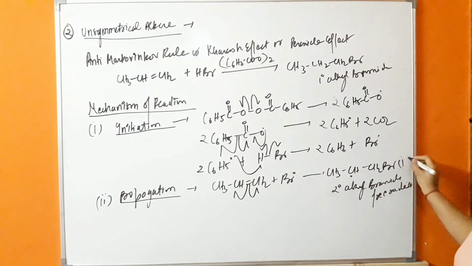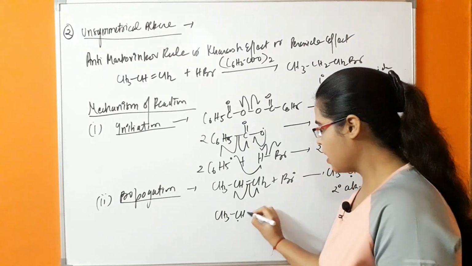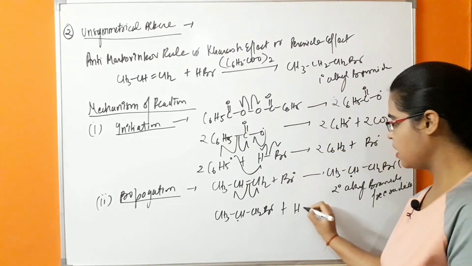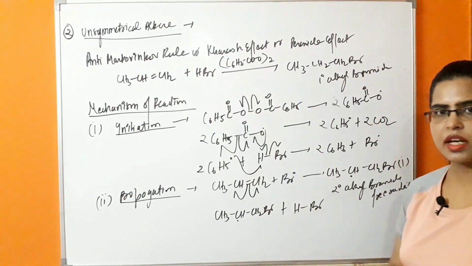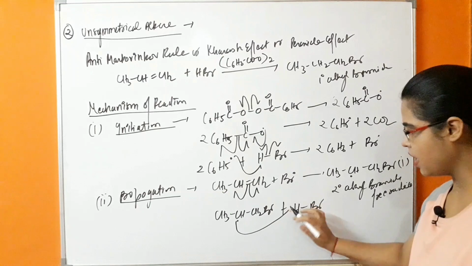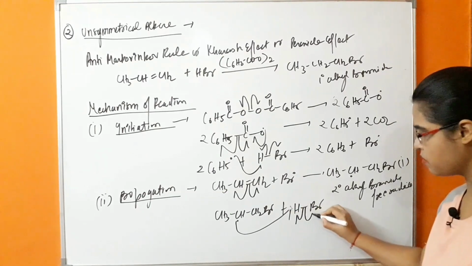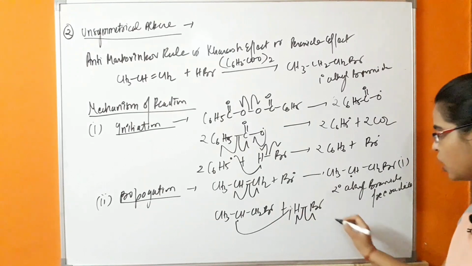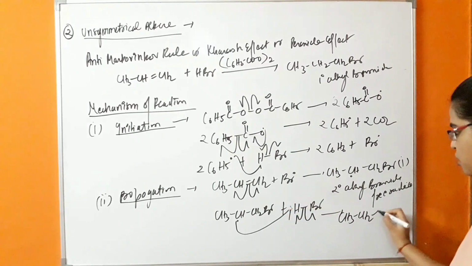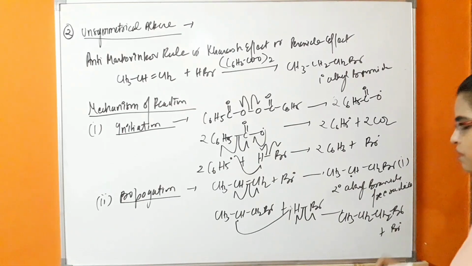This is the first step. In the second step, this secondary alkyl halide free radical will react with another molecule of HBr. So it will attack this hydrogen. Because of that, there will be homolytic fission of the hydrogen-bromine bond, due to which there will be formation of CH3 CH2 CH2 Br and generation of Br free radical.